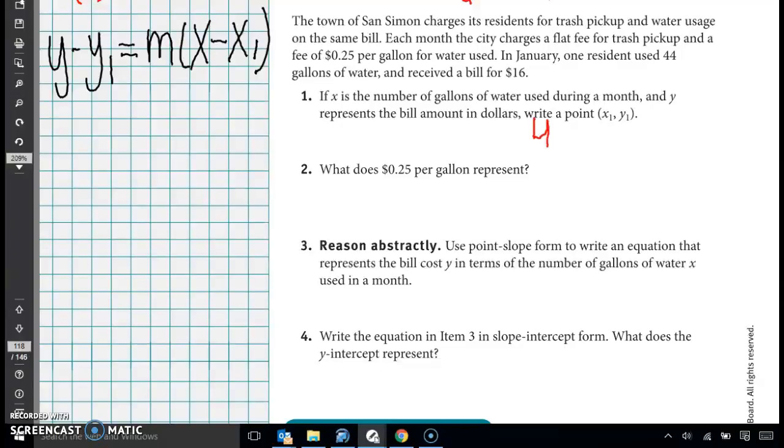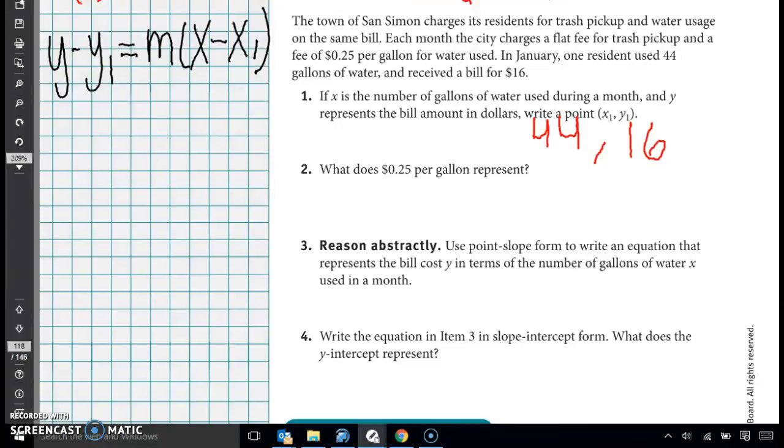And then Y is the bill in dollars. How much was their bill? $16. So then our y coordinate is 16. Just put it like the coordinate. Perfect. All right. Questions there?